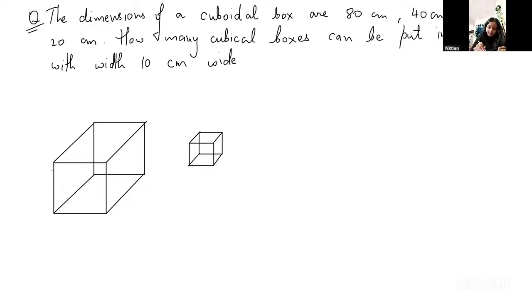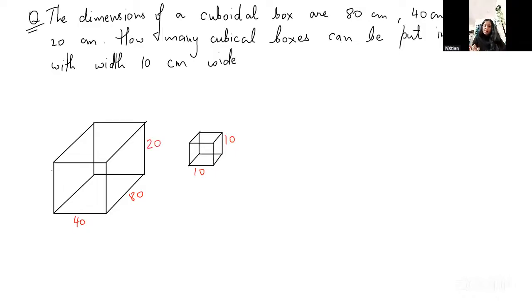Now the side of this cubical box is 10 centimeter. And this cuboidal big box has length 80, breadth 40, and height 20.